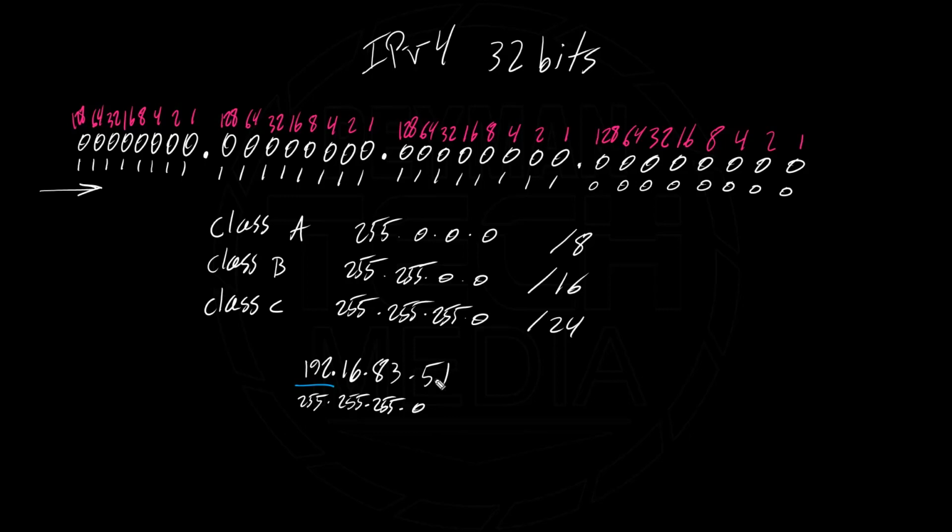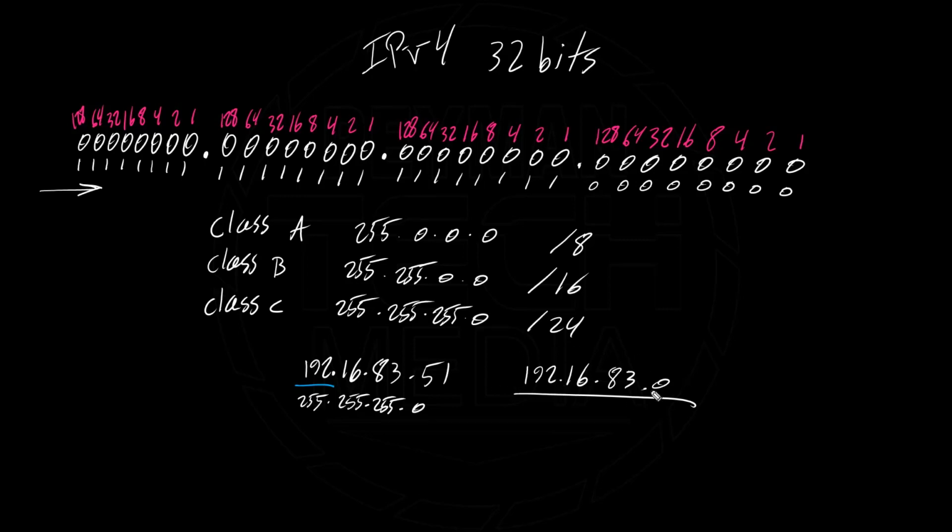It tells us that in 192.16.83, that's the network. If it ended in 0, that's the network address. When we have .51, that's for the host. So 192.16.83.0 is a network address, and 192.16.83.51 is the host IP address inside this network.